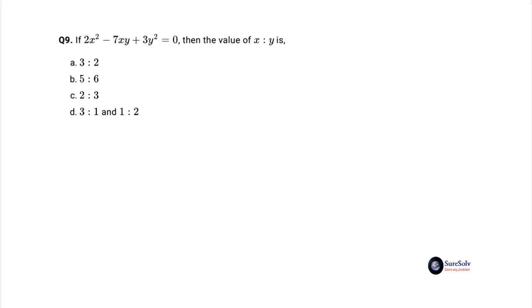By the middle term splitting method, factorize the given quadratic equation: 2x squared minus 7xy plus 3y squared equal to (2x minus y) multiplied by (x minus 3y) equal to 0.